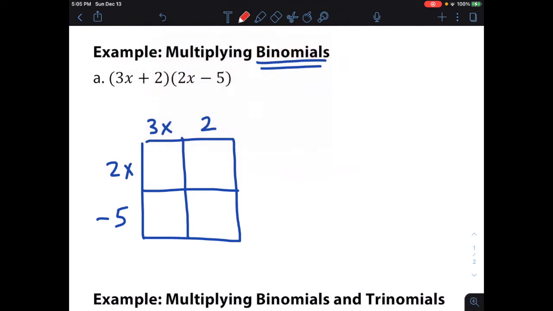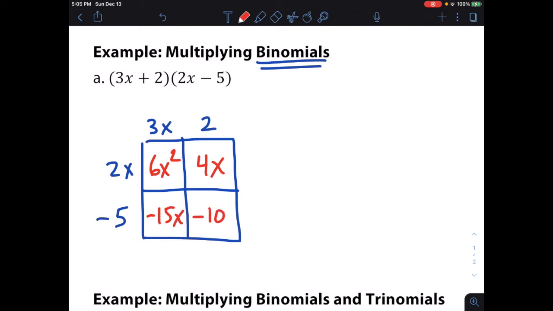So if we switch to our, so we have 6x squared. The squared is one thing people forget a lot. So don't forget, x times x is x squared. And then we have 2 times 2 is 4. So that's 4x. Then down here we have negative 15x. And down here we have negative 10.